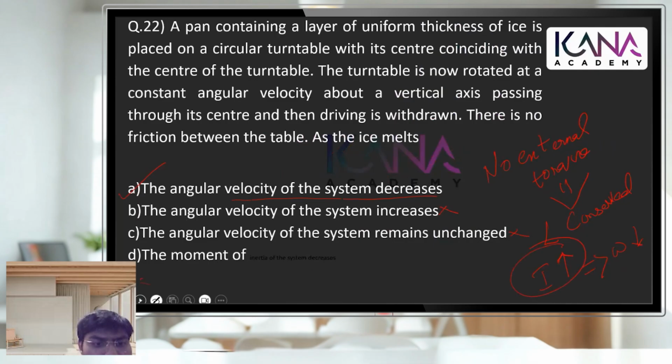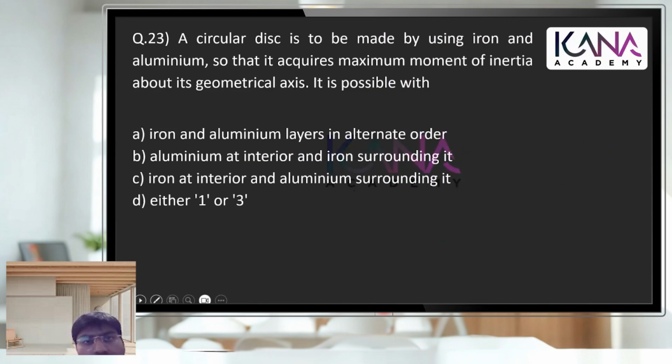Okay, next question. There is a circular disc to be made using iron and aluminum. It requires maximum moment of inertia about its geometrical axis. The disc is made from two different materials to maximize inertia about the central axis.